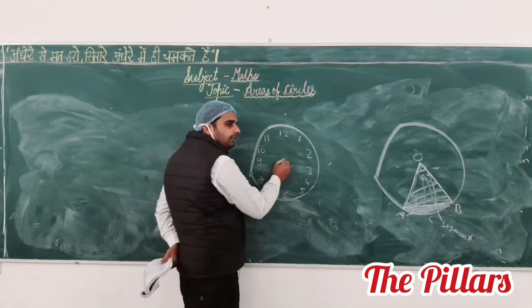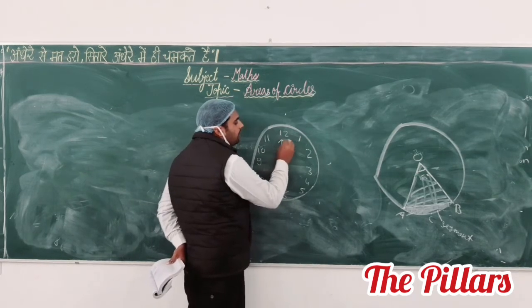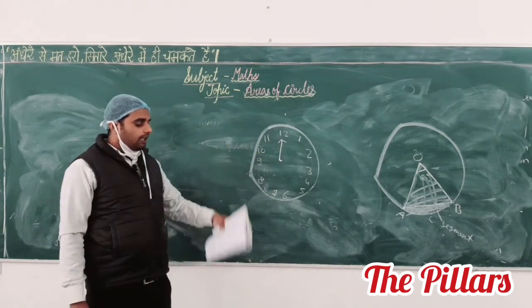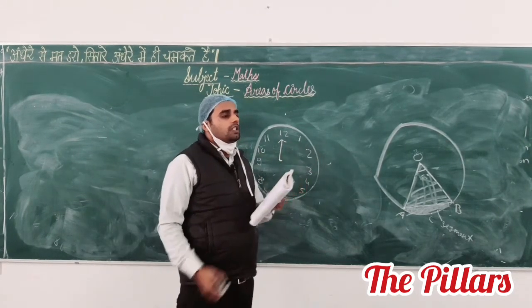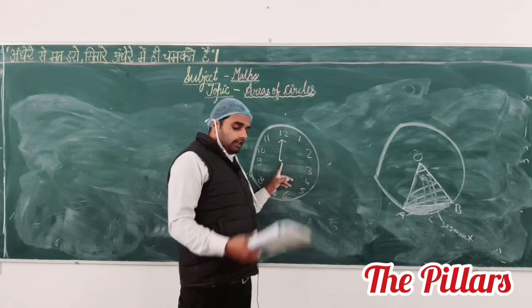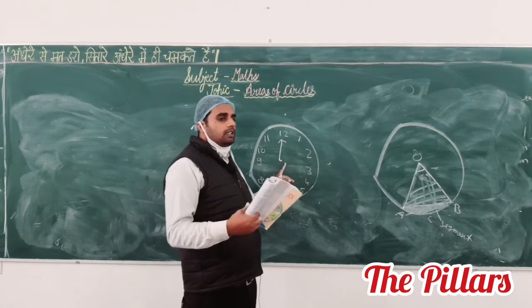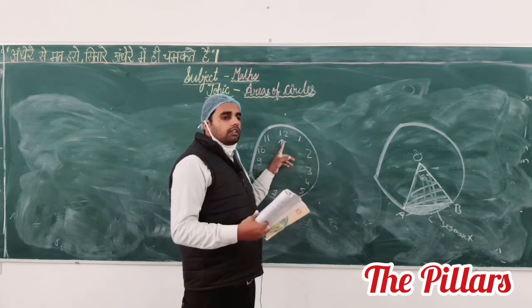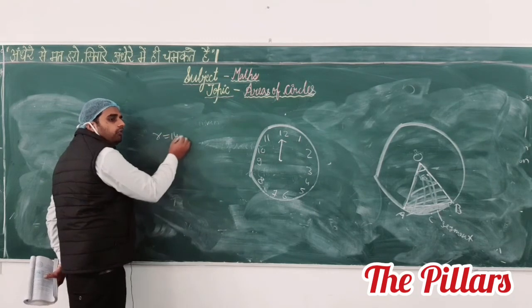This is the center, and these are the needles. You see that the question tells that the length of the minute hand of the clock is 14 centimeter. It means the radius is given, r equals 14 centimeter.